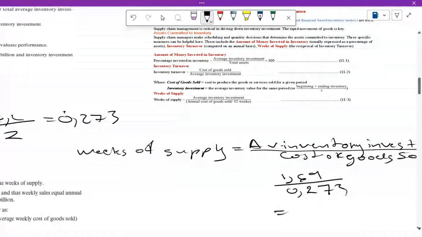1.69 over 0.273. How many weeks do we have? We are getting this in weeks. What is the answer?